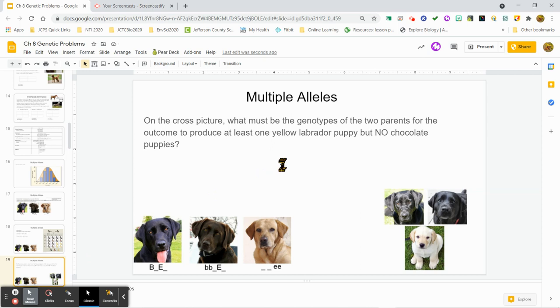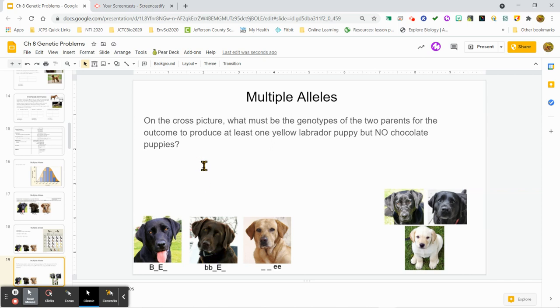Okay, so on the cross picture, what must be the genotypes of 2 parents for the outcome to produce at least one yellow Labrador puppy, but no chocolates? And again, these are the genotypes that have to be. So you don't want any chocolates.